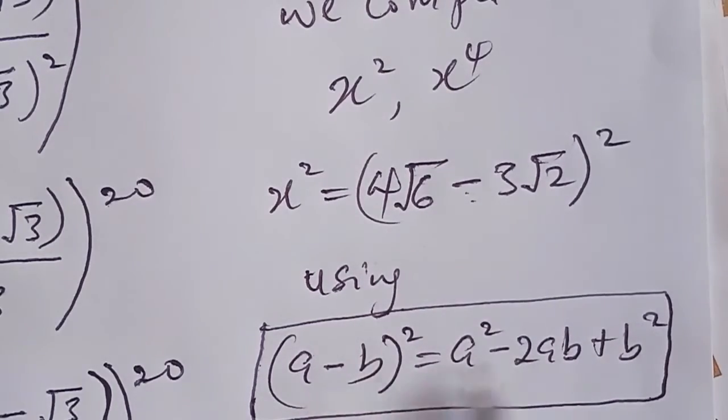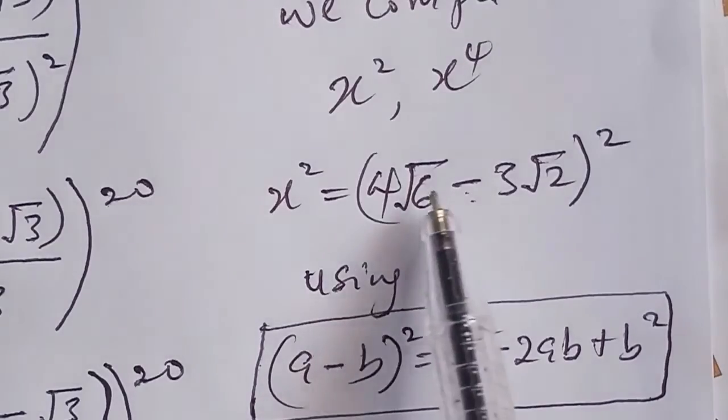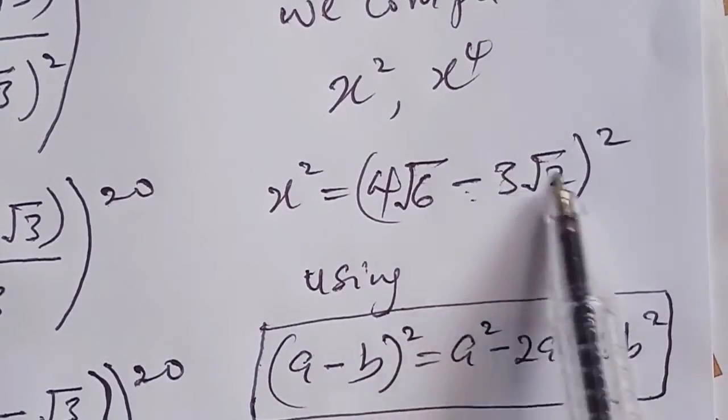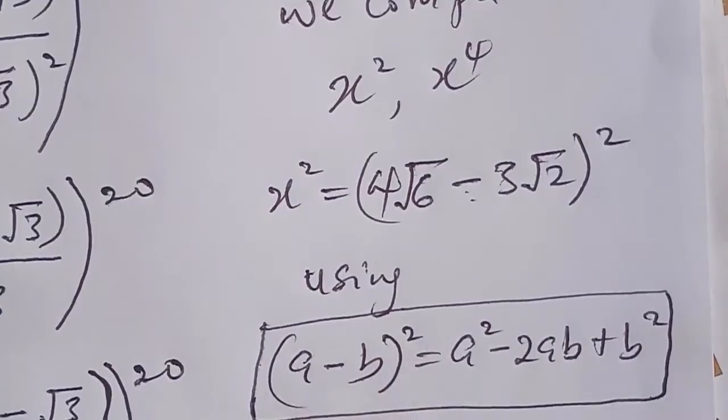Because it's in this form, this part serves as a and this part serves as b, and then the square.